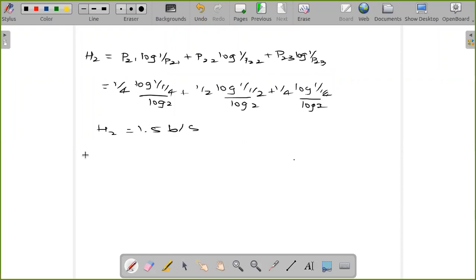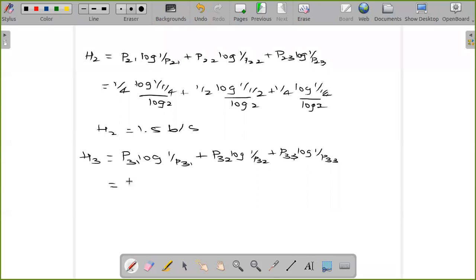Similarly now state 3. Again expand the summation. First I'll take P31 log 1 divided by P31, then P32 log 1 divided by P32, plus P33 log 1 divided by P33.